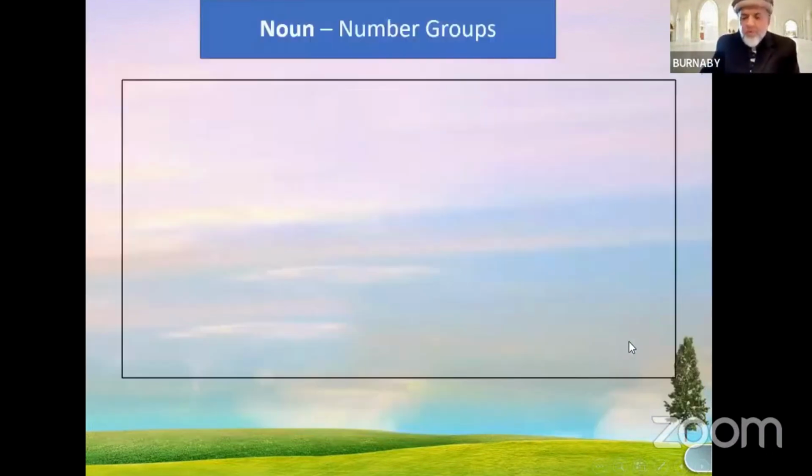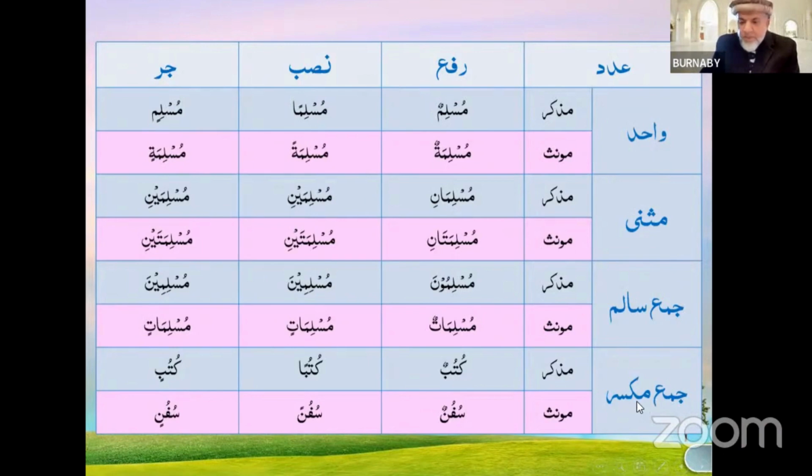Now let's focus on the jama mukassar, because musanna and jama salim we are going to do later. We have kutubun. Kutubun is male, a book, meaning books. The jama will be, rafa: kutubun, nasab: kutuban, jar: kutubin.